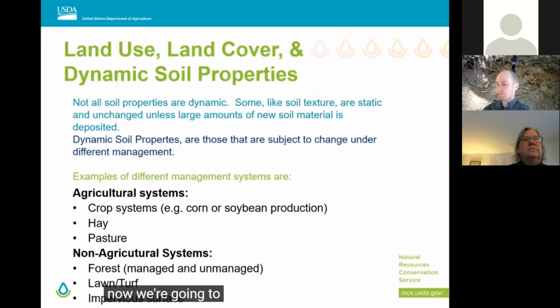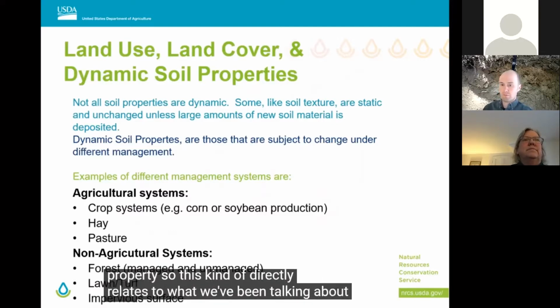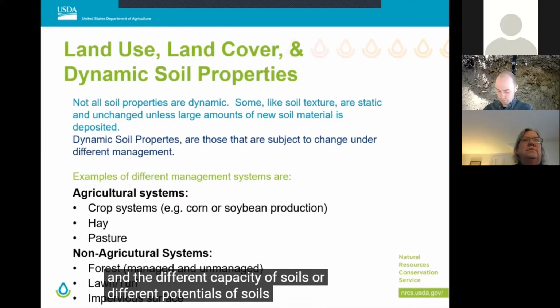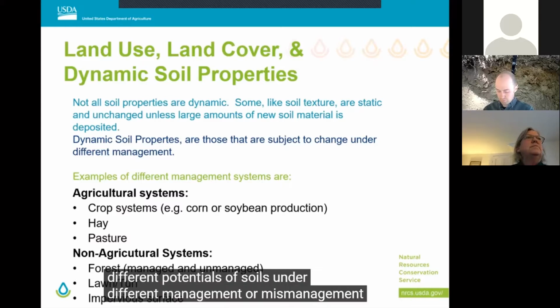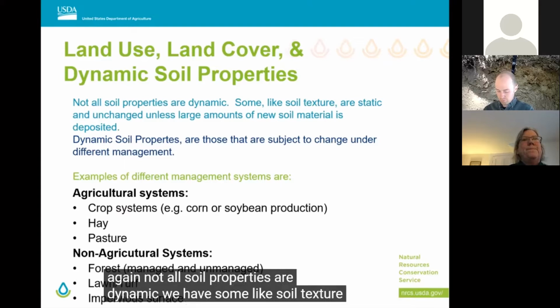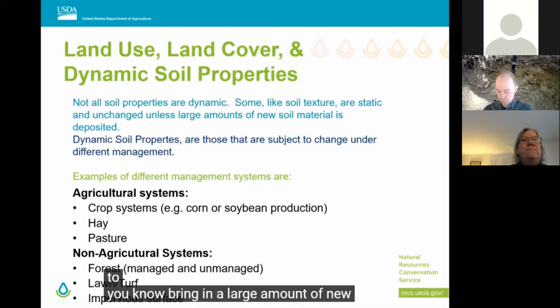And now we're going to look closely at land use, land cover, and dynamic soil properties. So this directly relates to what we've been talking about with soil health management and the different capacity of soils or different potentials of soils under different management or mismanagement. Again, not all soil properties are dynamic. We have some, like soil texture, that are pretty static unless you were to bring in a large amount of new material.